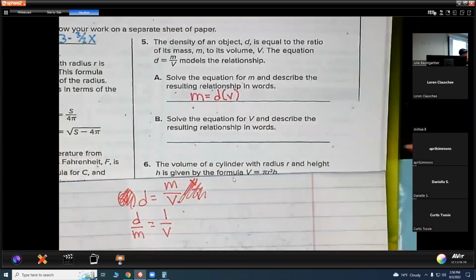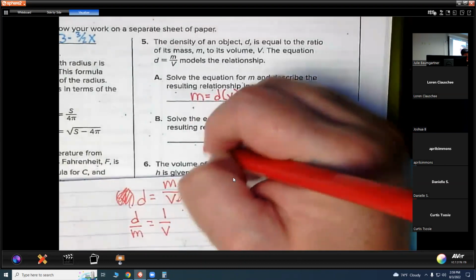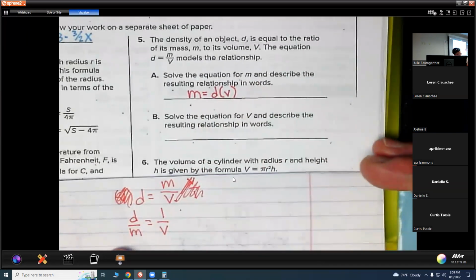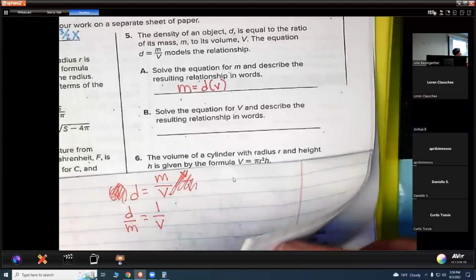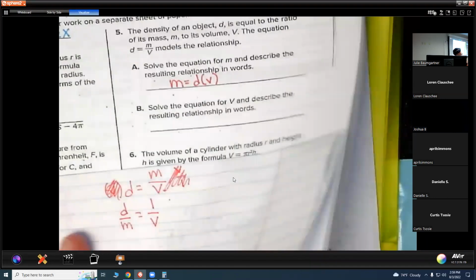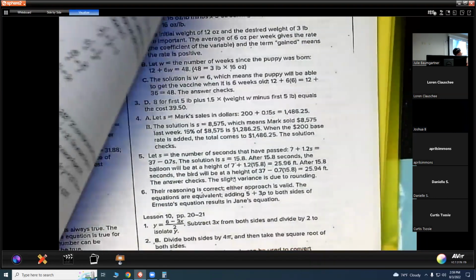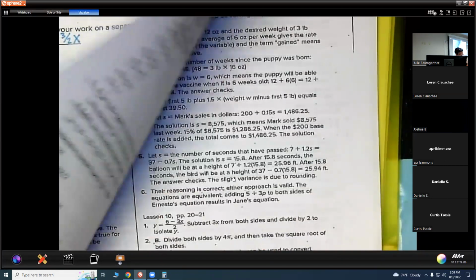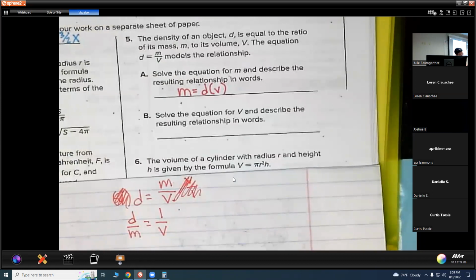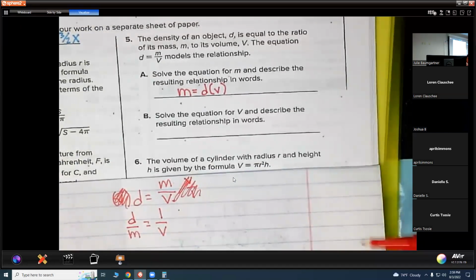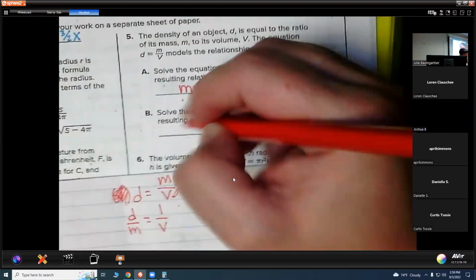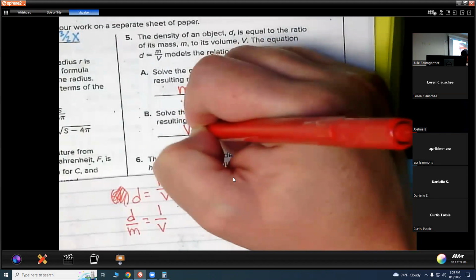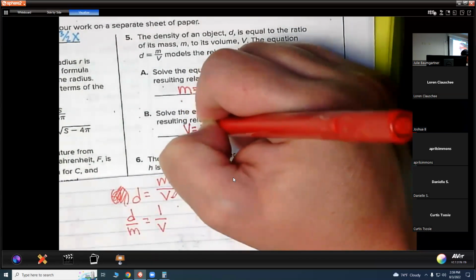How do I make that work? Because it should be V equals M divided by D, right? I'm not exactly sure why or how I'm just supposed to split this, but it flips.